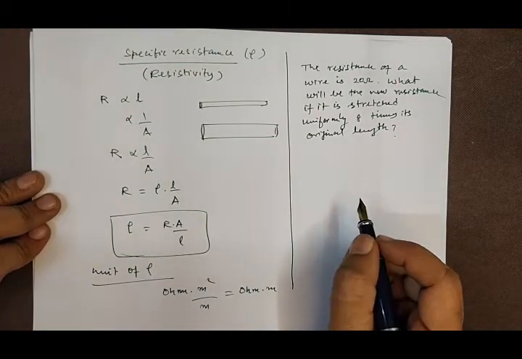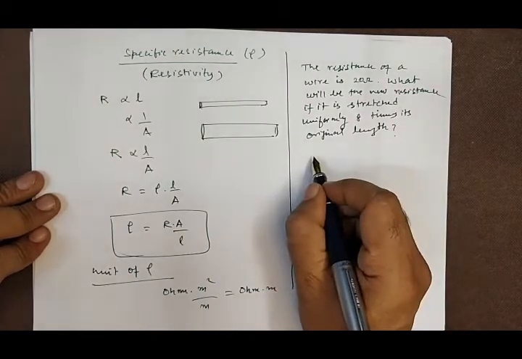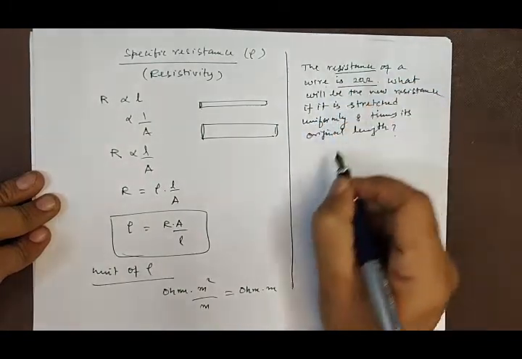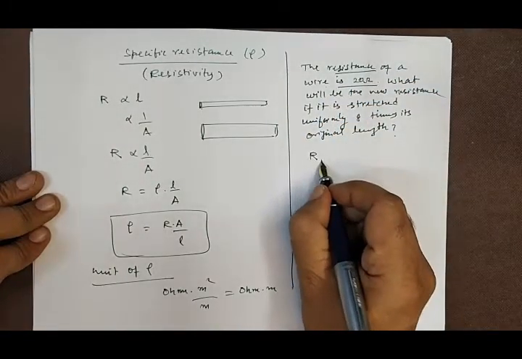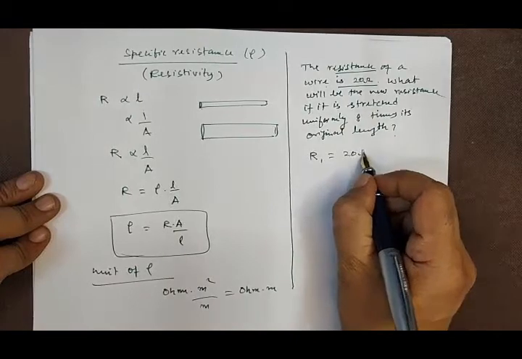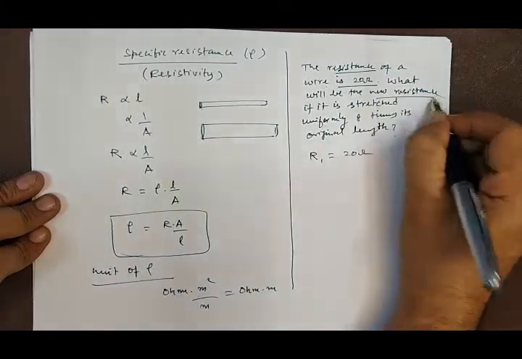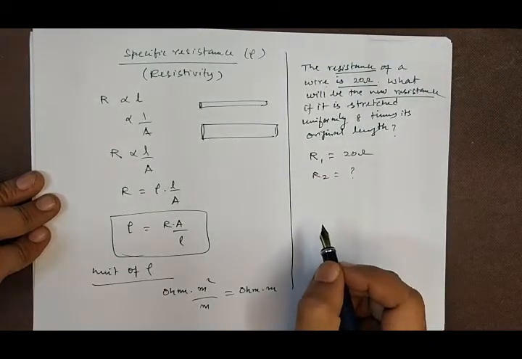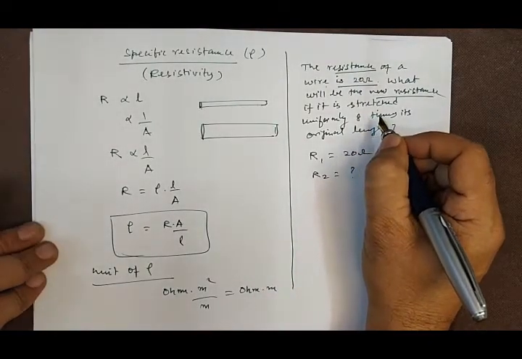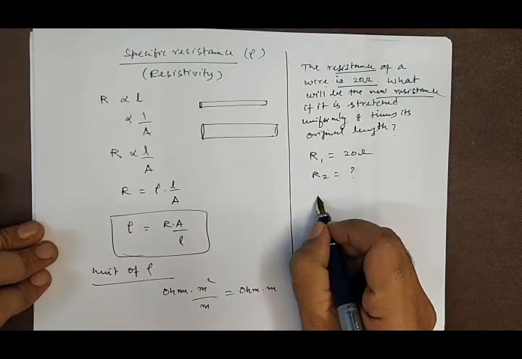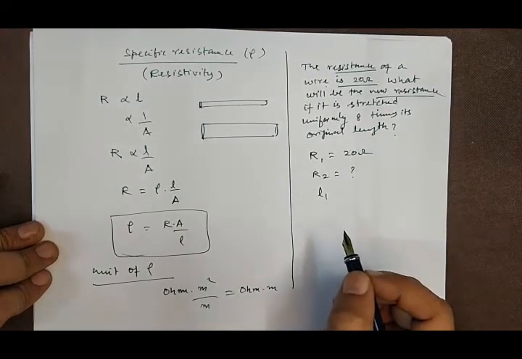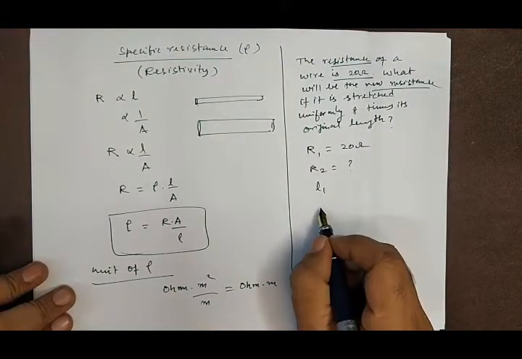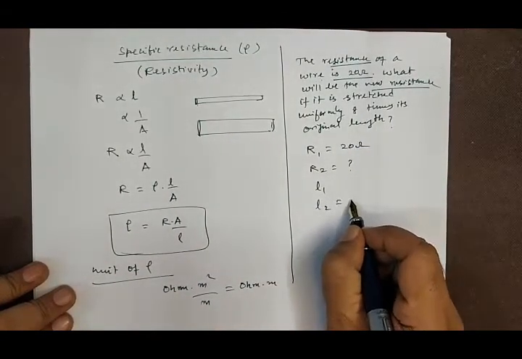Now, R1, let us consider, this is the original resistance R1, 20 ohm. What will be the new resistance? That is R2. Let me consider the original length is L1, and it is stretched to 8 times, means L2 is 8 times of L1.